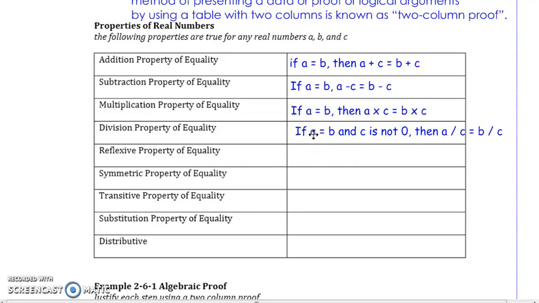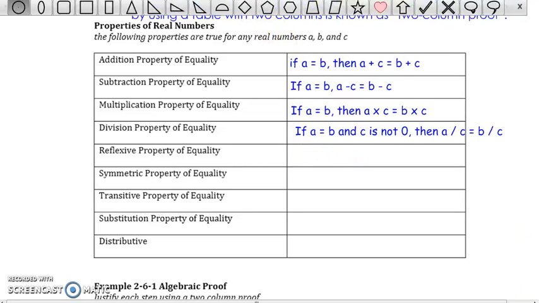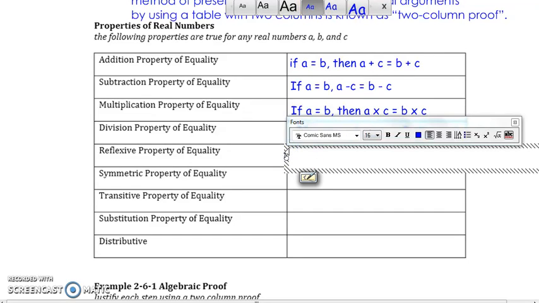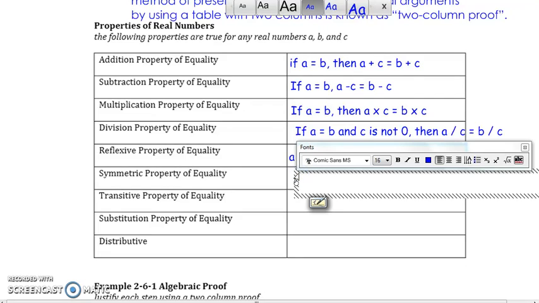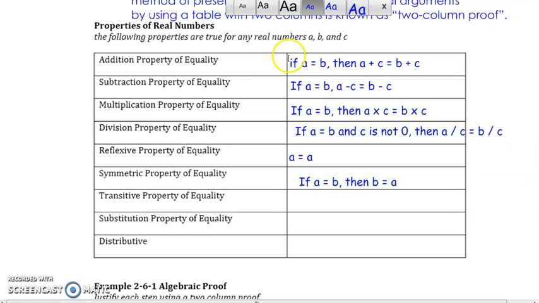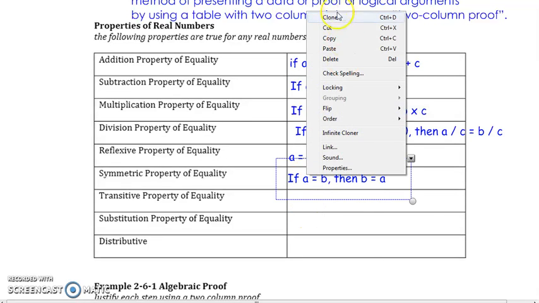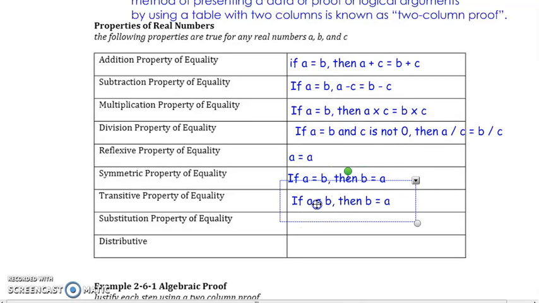The reflexive property is basically saying that something is equal to itself. So A equals A by the reflexive property, like a reflection. If A equals B, then B equals A by the symmetric property, as it looks pretty much symmetrical: AB, BA. The next one is the transitive property.